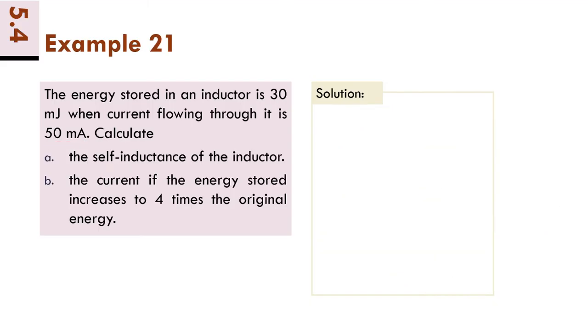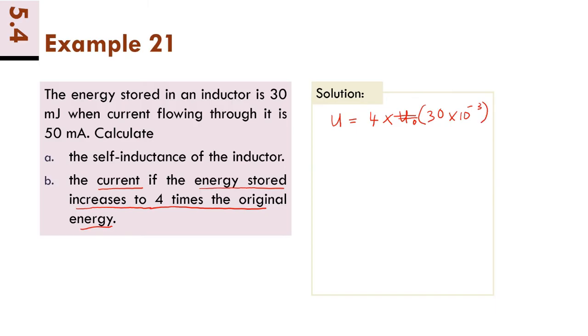Okay. Then the question asks about current, and the question informed that the energy stored increases to 4 times the original energy. So U equals 4 times the original energy, which refers to 30 times 10 negative 3.